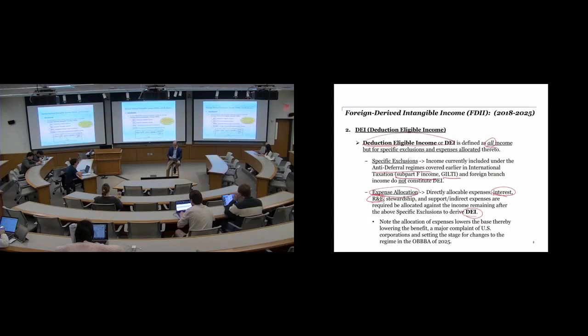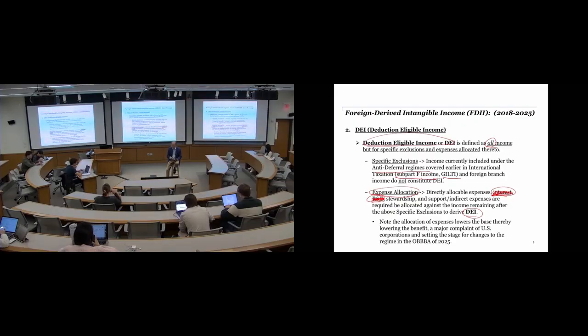One of the major complaints of corporate America was that expense allocation is causing this benefit to be less robust than what you think it is. You enacted this in 2017. So you'll see when we get to the One Big Beautiful Bill Act, they took out interest and R&E.